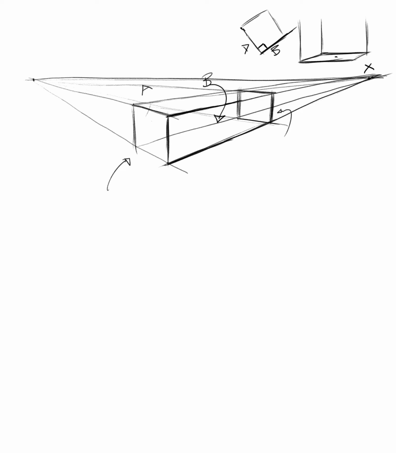So I'm going to use this vanishing point to help me get my minor axis. What I do is I put an X through this side, which helps me find the center. When I've got the center, I take that and I project it back to vanishing point X. Okay.